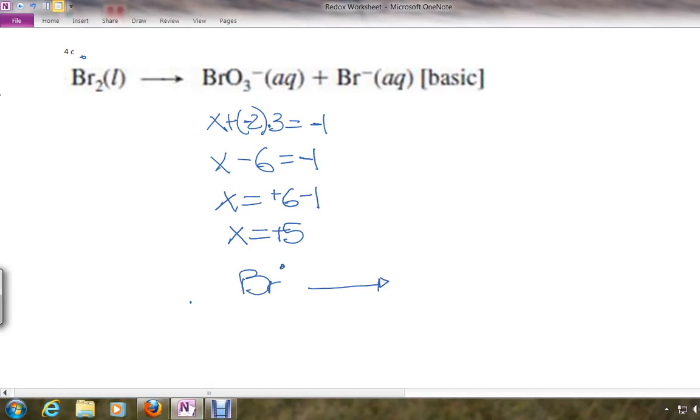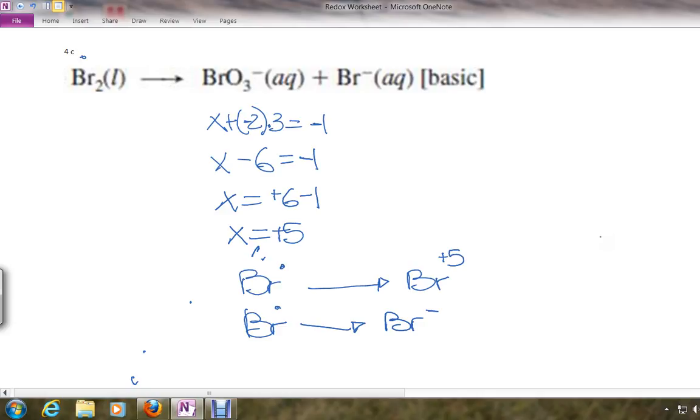Because if you take the coefficients, you can do it, but you already know that one bromine is going from 0 to bromine +5, and the other bromine is going from 0 to bromine -1.